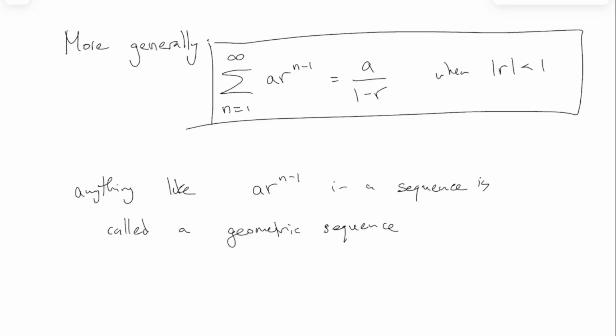And in that setting, there's a name for the a and for the r. a is just the first number that you get. I was thinking, I know it's the first term, but what do they call that in the book?